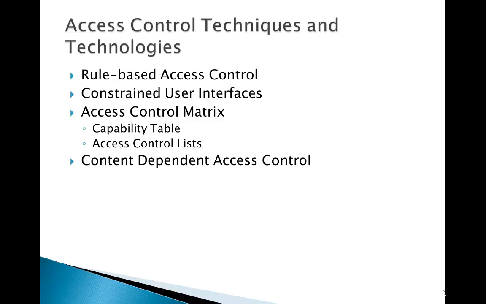Content-dependent access control is where access to an object is determined by the content of the object. A good example of this in contemporary use is something called data leak prevention. Data leak prevention is an attempt to use software that examines data exiting an organization to see if it contains sensitive information, specifically stuff like bank account numbers, social security numbers, credit card numbers, stuff that you can find by looking at patterns, where you've got a specific format for the sensitive data.